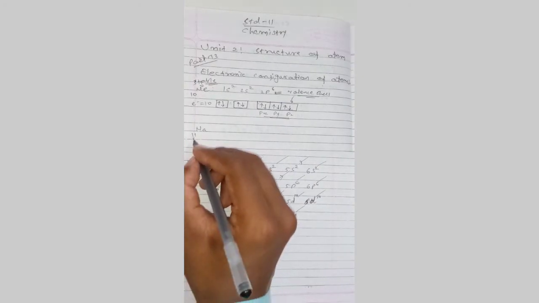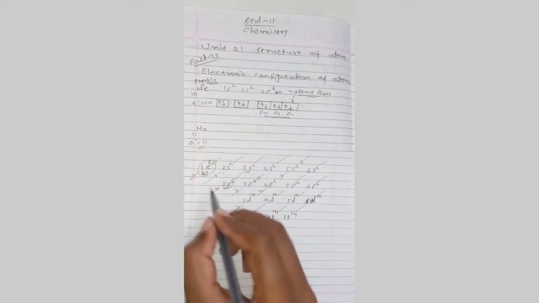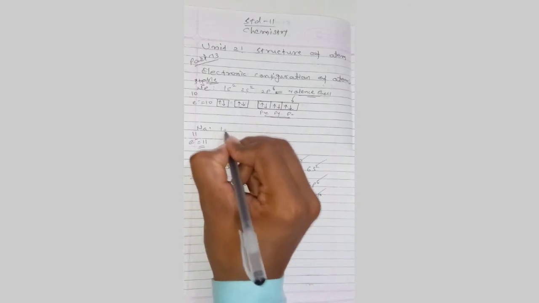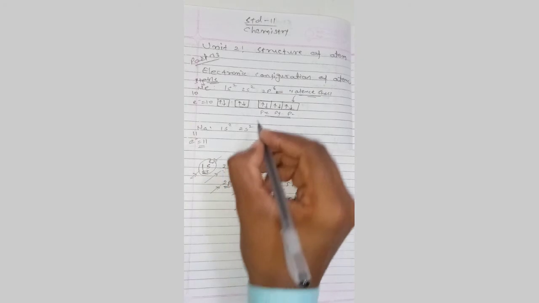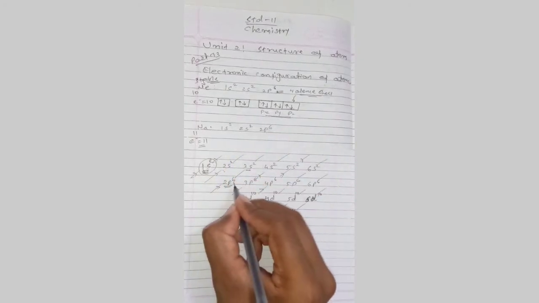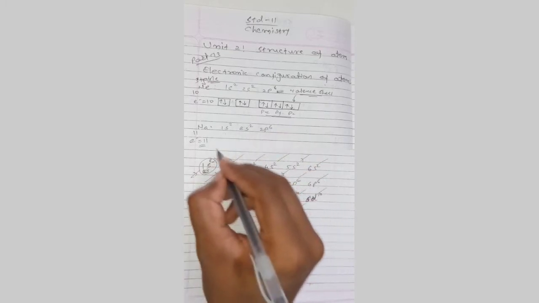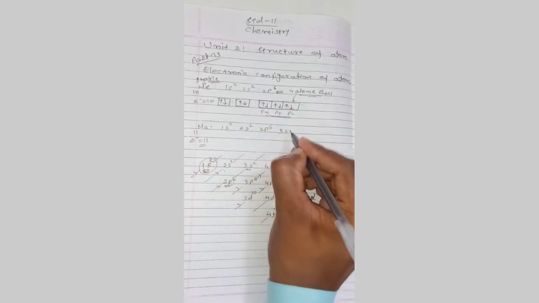Then sodium, atomic number is 11, number of electrons 11. Electrons first enter into the lowest energy level orbital, so 1s2, then 2s2, then 2p6. Here 2 plus 2 is 4, 4 plus 6 is 10, and the rest of the 1 electron enters into 3s orbital.